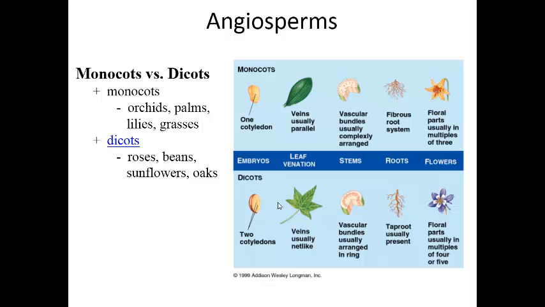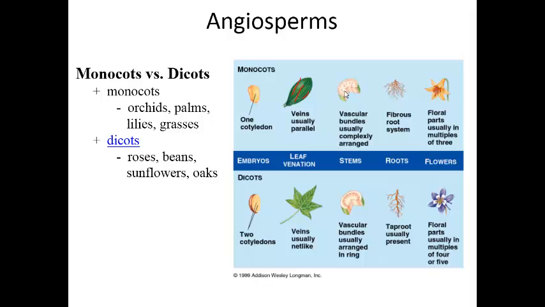Monocots and dicots have different structures. Some examples of monocots are plants like orchids, palms, lilies, and grasses. If you look at them, the veins in the leaves usually run parallel. You usually see vascular bundles very complexly arranged.